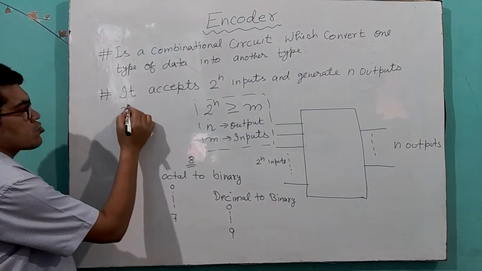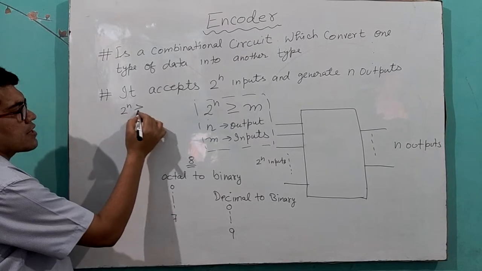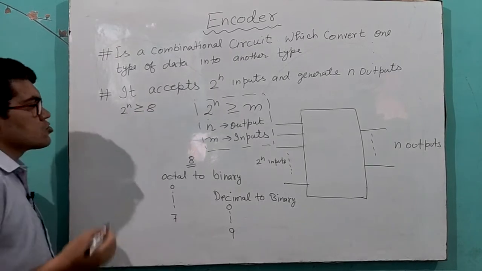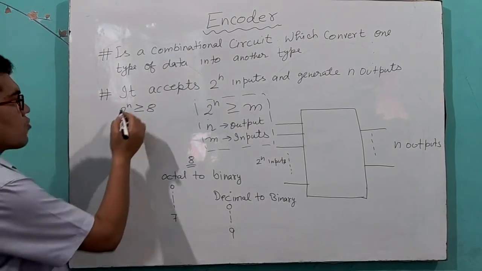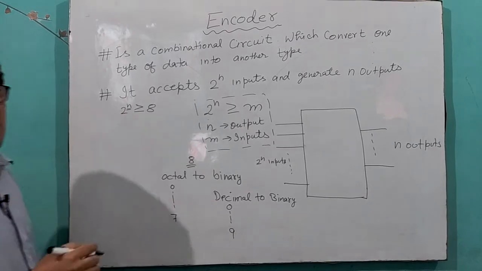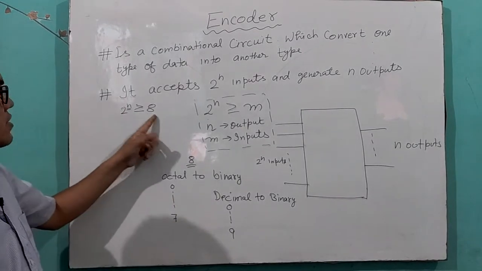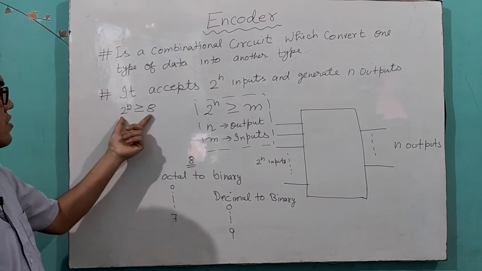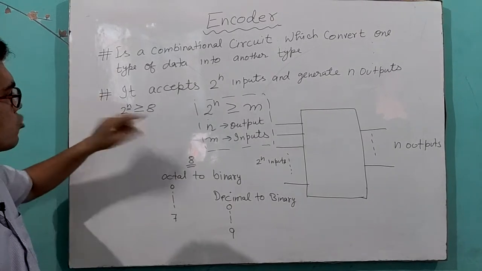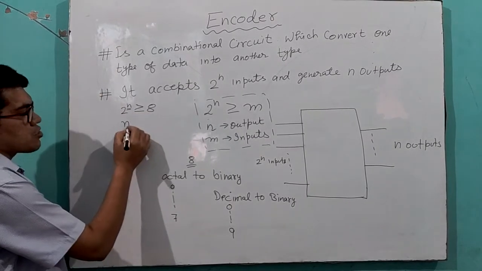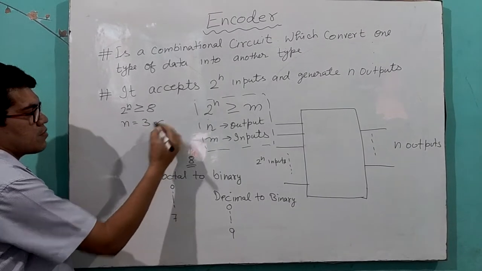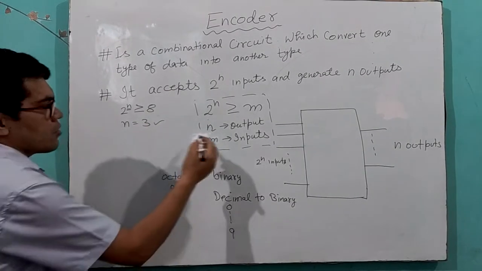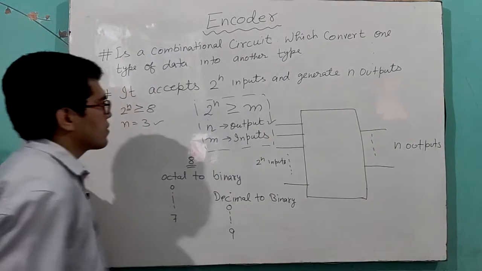So 2^n is greater than or equal to 8. Can you tell me what the value of n should be so that this equation will be true? So n must be 3. So the number of outputs will be 3.